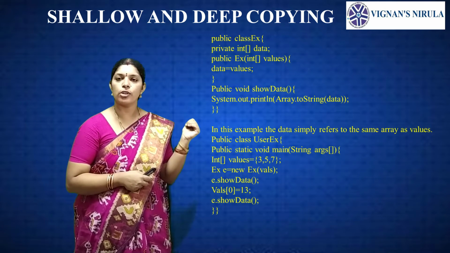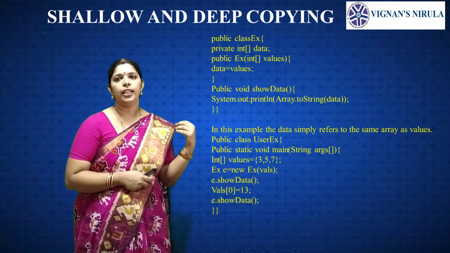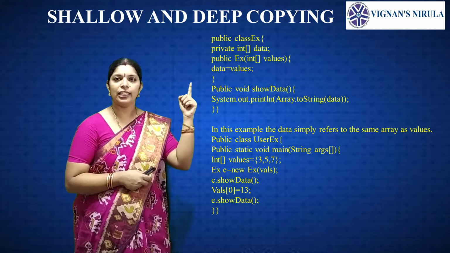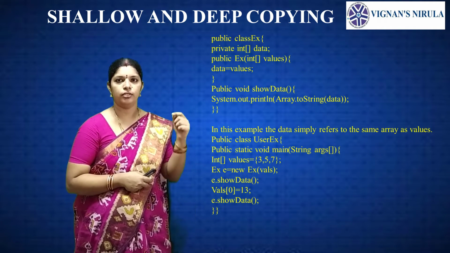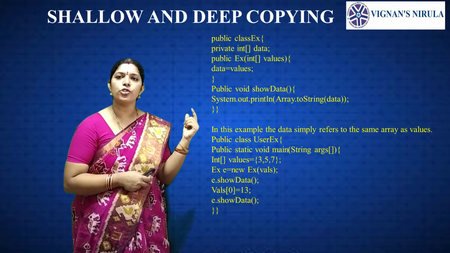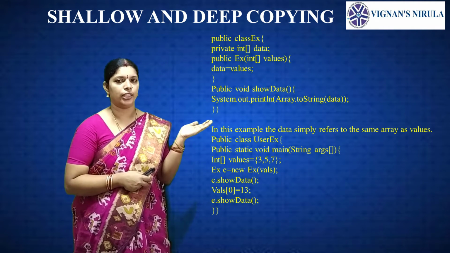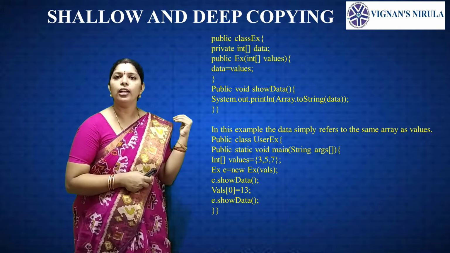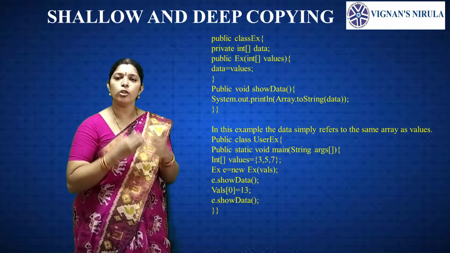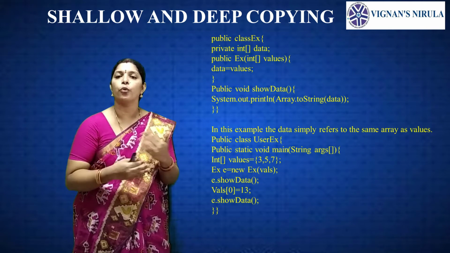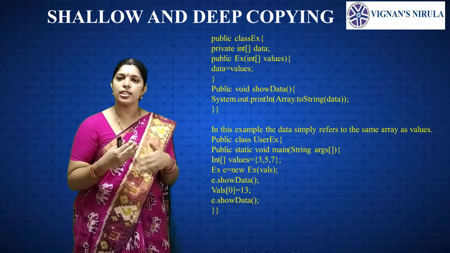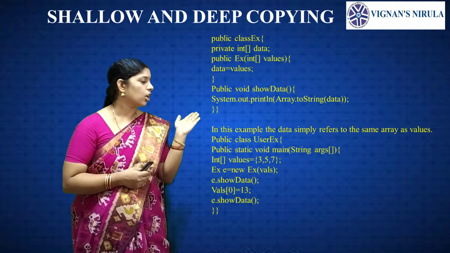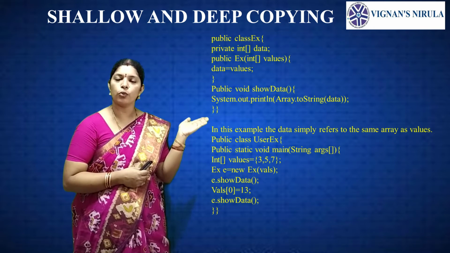Integer values equals to 3, 5, 7. And we are creating one object for the particular Ex class. So e equals new Ex of values, we are passing the integer values to Ex. Next, e.showData. By using the showData method, we display the values we inserted. And values of 0 equals 13.